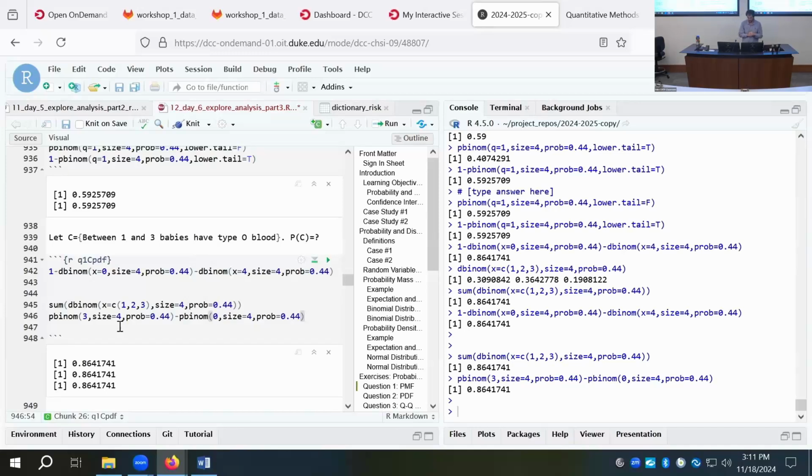Okay. Now, question for everyone, for x equals 0, what will pbinom and dbinom of 0 give? Are they equal?